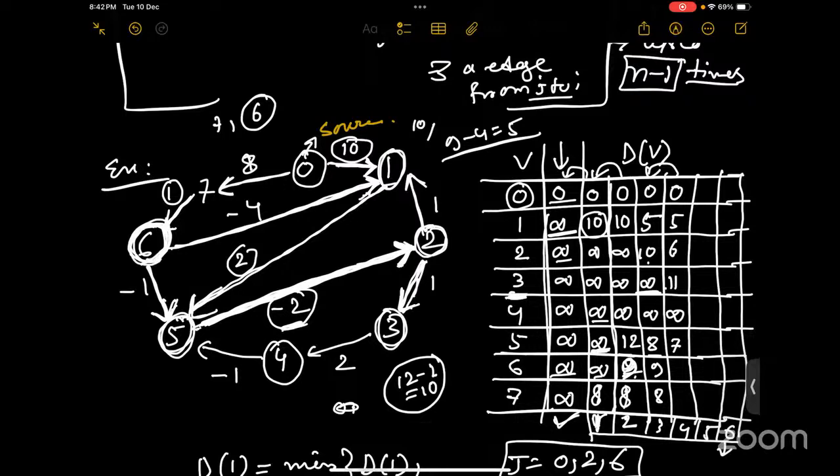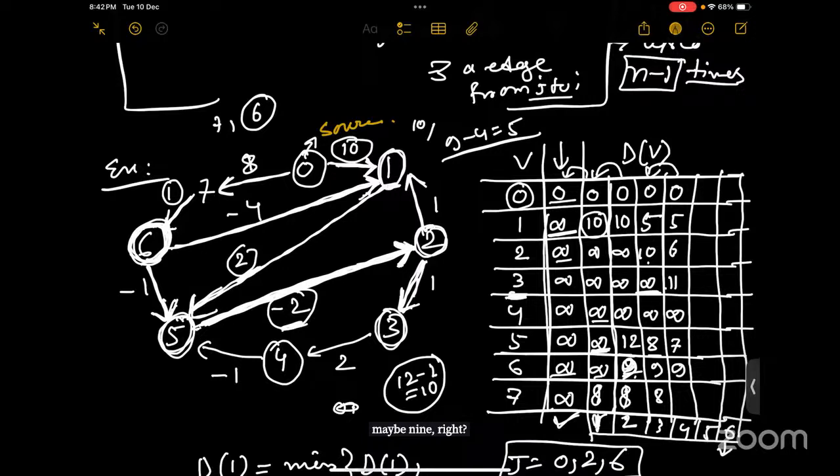Now, how did this 5 get 7? Because again the minimum, so we have the updated weight of 1 as 5, then we add the weight, 5 plus 2, 7. Okay, so we have to consider all the incoming edges, right? So what is the distance of 6? Maybe 9, right?